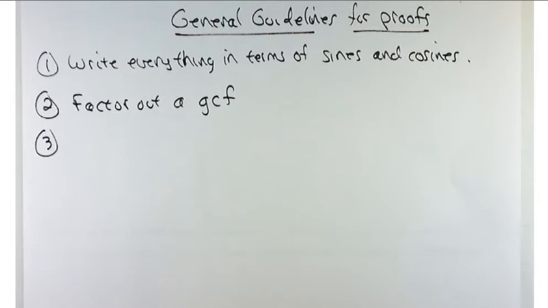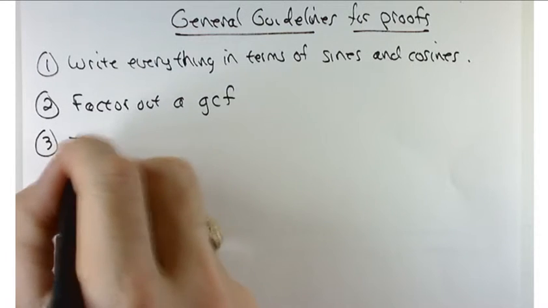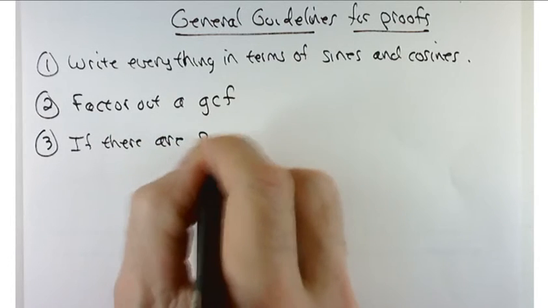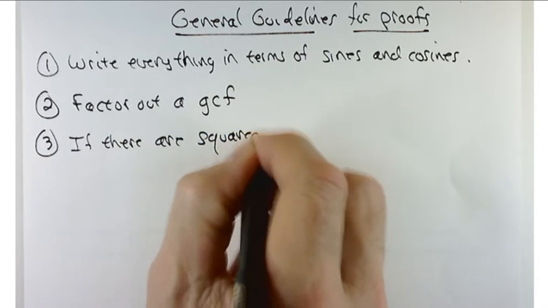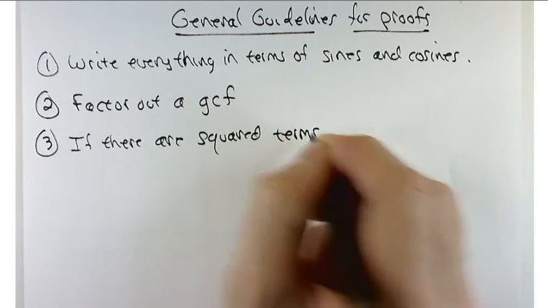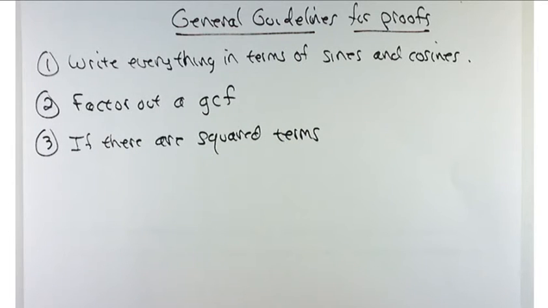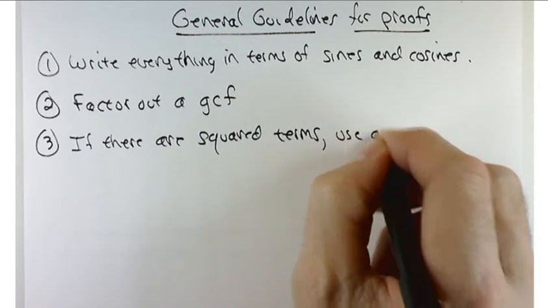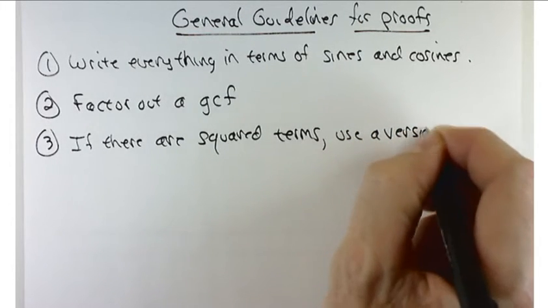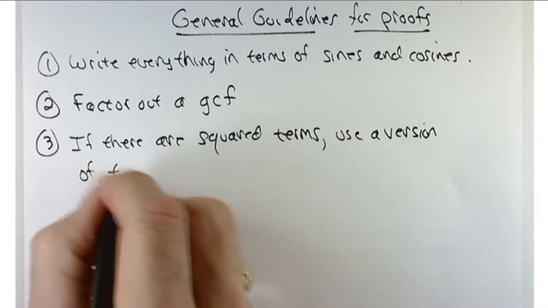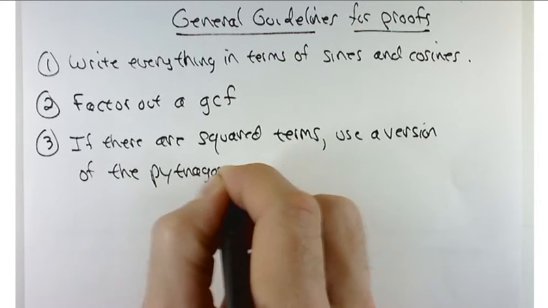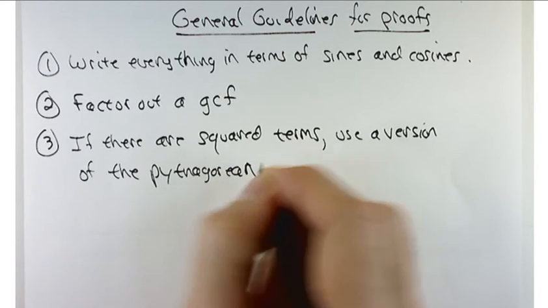What else? If there are squared terms, and by that I mean cosine squared, sine squared, tangent squared, secant squared, etc., use a version of the Pythagorean theorem. Now there's a bunch of versions.